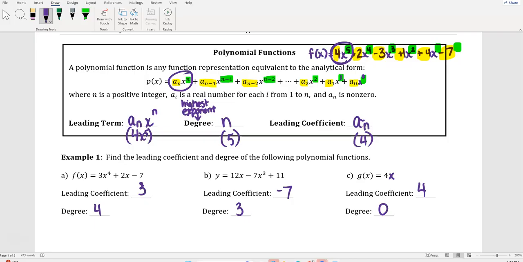Is that what the function is supposed to be? It is not. It's supposed to just be 4. There's not supposed to be an x there. So what exponent could I use on that x that would basically make it disappear? I could put a 0. What is anything to the 0 power? Anything to the 0 power is not 0, but 1. It's kind of odd. We'll talk about why maybe later.